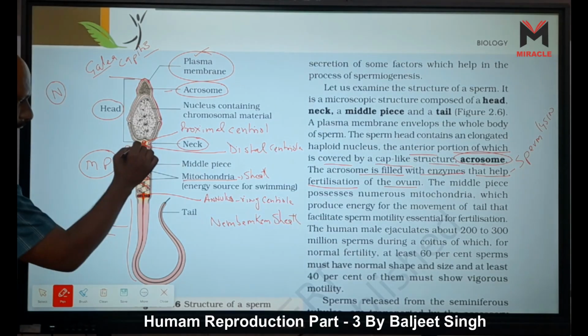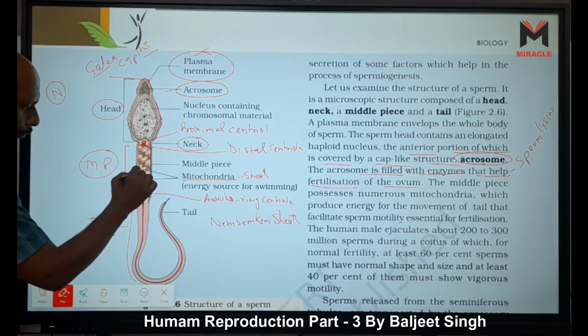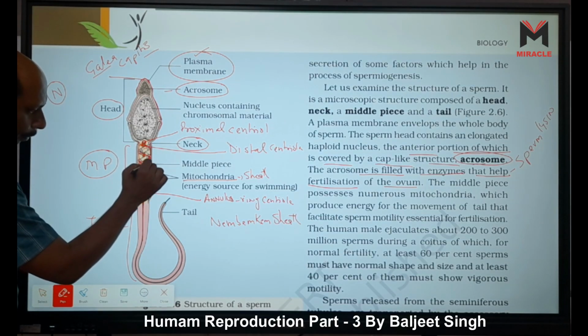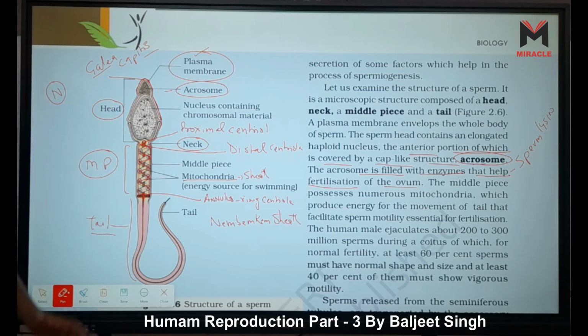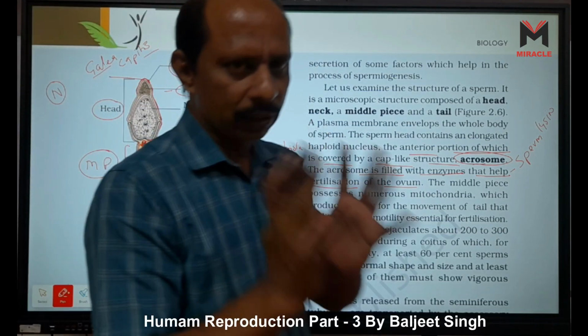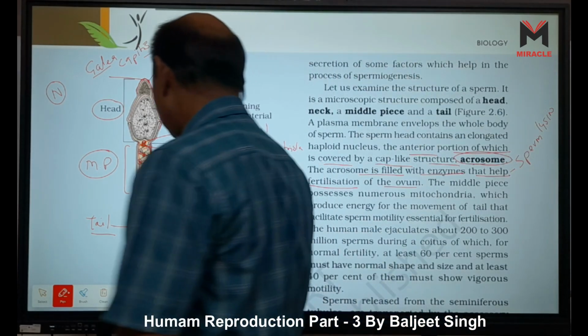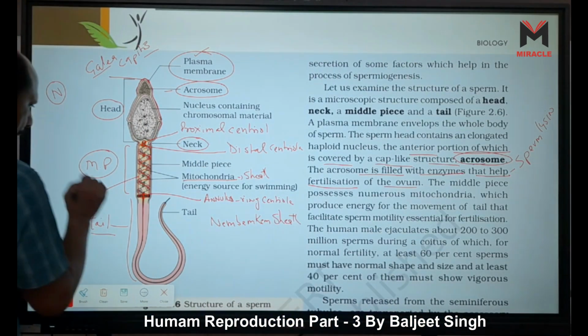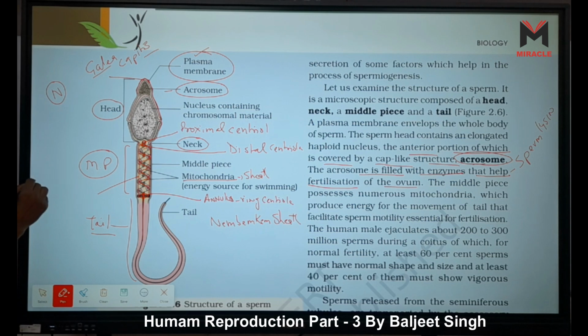Here, a very small sheath of cytoplasm is also present, right? Very little. A peripheral sheath of cytoplasm is present, and this peripheral cytoplasm, a sheath of cytoplasm, is called here the manchette.